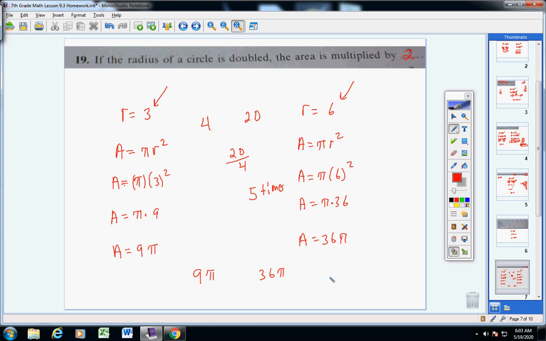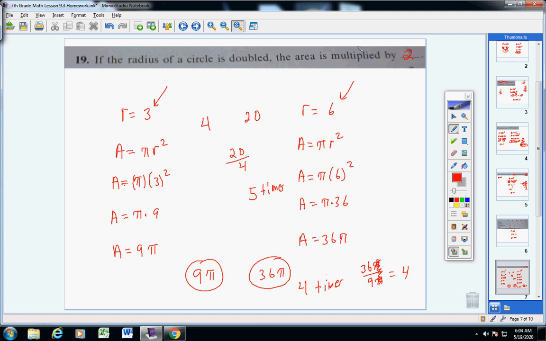We'll do the same thing here. Take your bigger number, 36 pi, divide it by 9 pi, and what happens? Your pi's cancel out, and 36 divided by 9 is 4. Guys, 36 pi is 4 times bigger than 9 pi.